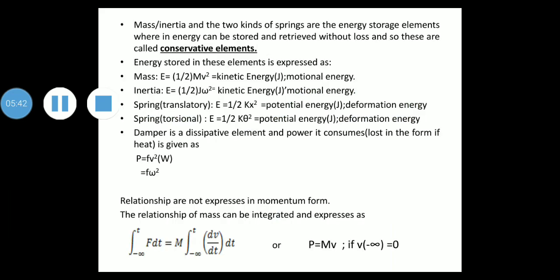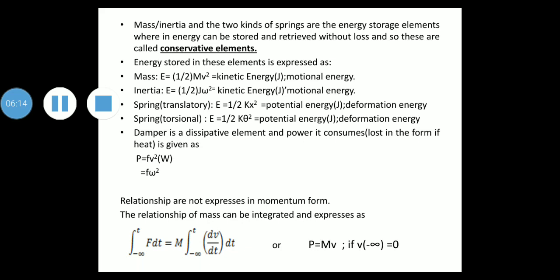The mass and inertia, and the two kinds of springs, are the energy storage elements wherein energy can be stored and retrieved without loss, and so these are called conservative elements. Energy stored in these elements is expressed as: for mass, E is equal to half mv square, which is kinetic energy in joules, motional energy.